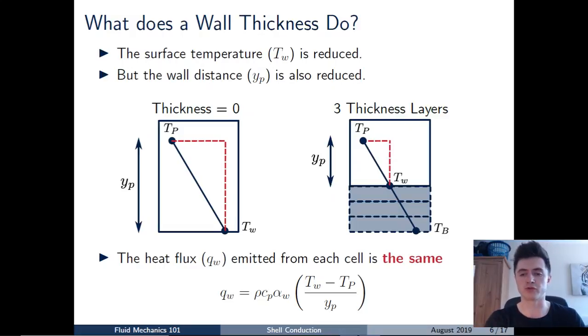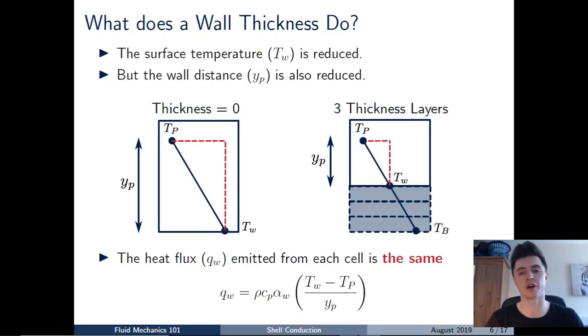Now, with the diagram on the right, because the variation in temperature is linear, TW is reduced, and it's between TP and TB. If you think of TB as a hot surface and the fluid is cool, then the inner surface there, TW, will be cooler than the boundary condition.